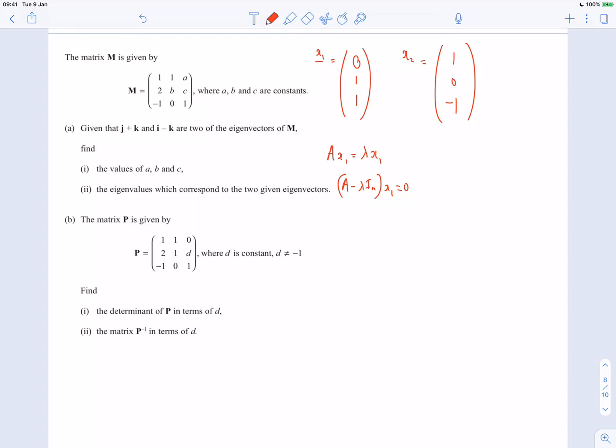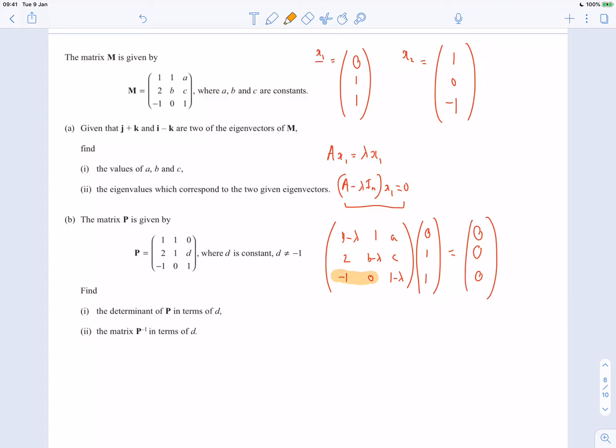So I might use this one for no reason. So let's say I've got 1 minus lambda, 1, a, and then 2, b minus lambda, c, and then minus 1, 0, 1 minus lambda. This is times 0, 1, 1. And this is going to equal 0. Well, it's technically the 0, 0, 0 matrix. Remember, the dimensions have to count.